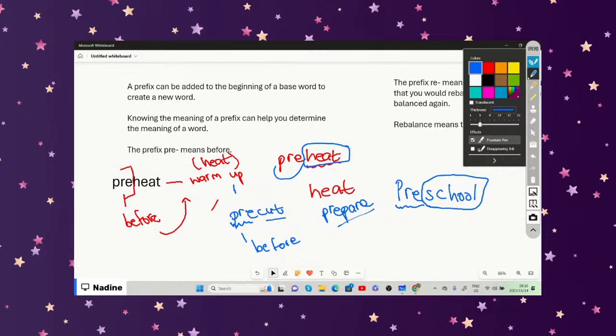It's like the kids would say, before big school.